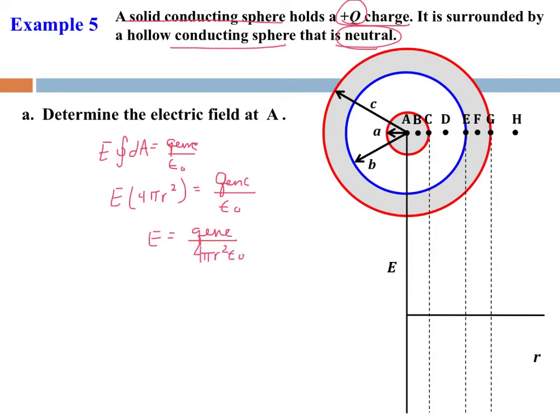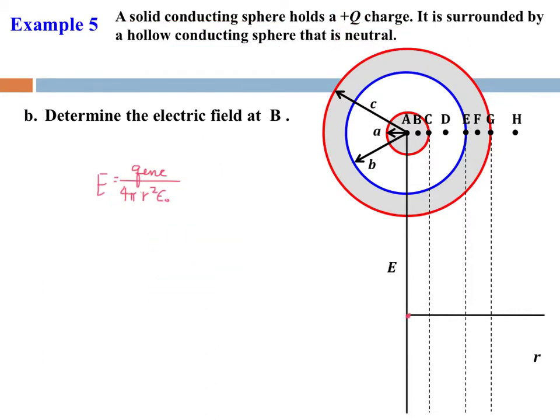Again, for part A, our charge enclosed would be 0, so our electric field is also 0. And again at B, because this is inside of a conductor, we still have no electric field. We still have not enclosed any charge.